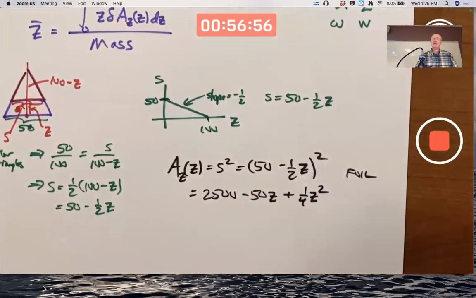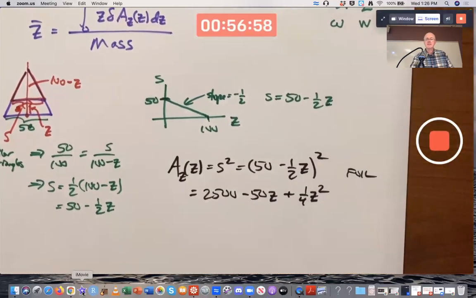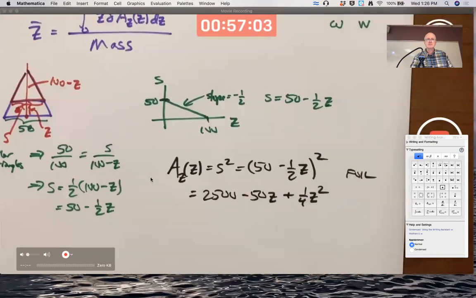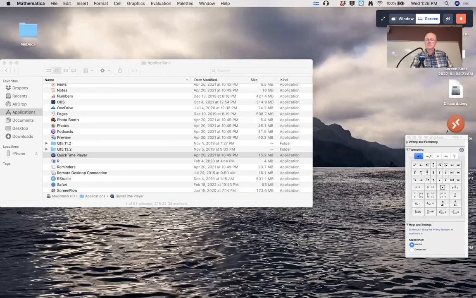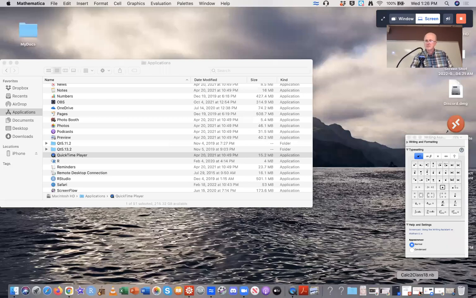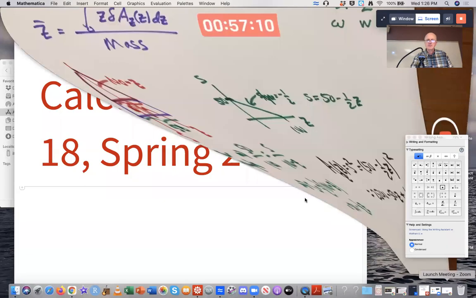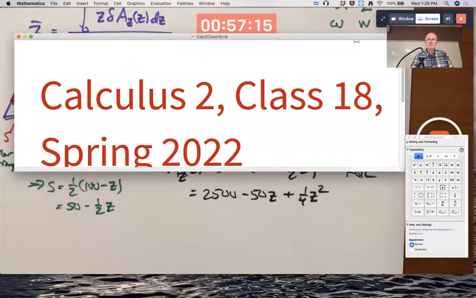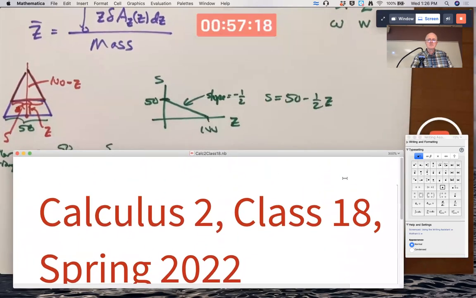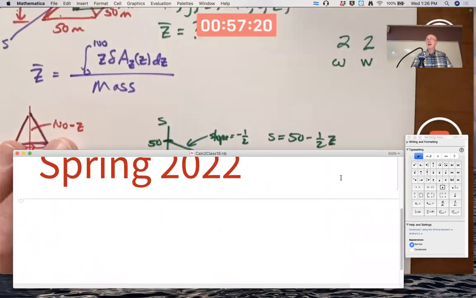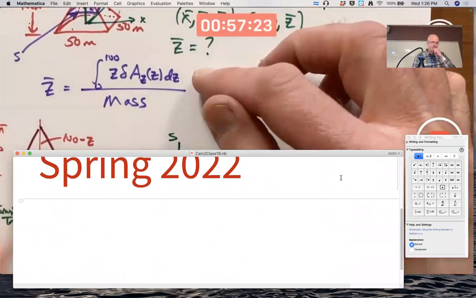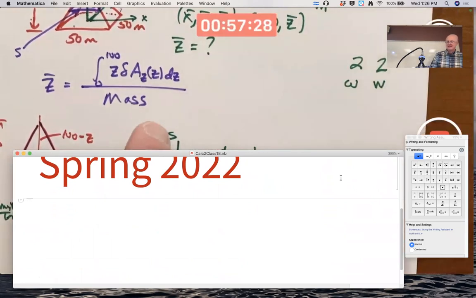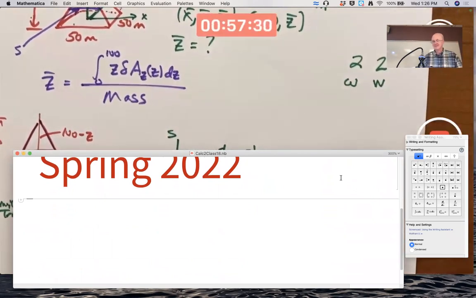Let's have Mathematica do the integrals for us to save some time. And I did mean to say integrals. You only see one integral there, but we actually have to do two integrals. Because I didn't specify the mass, I got to do an integral for the mass.